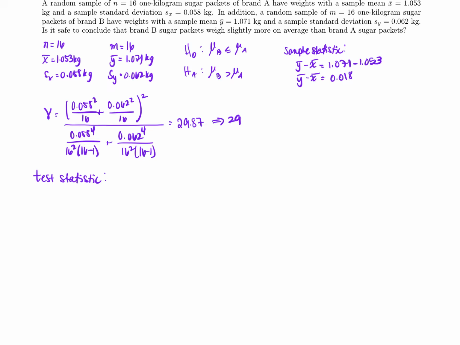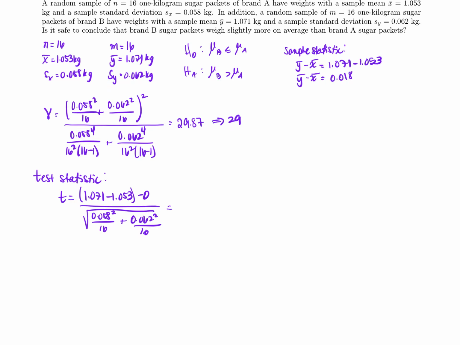In this case, T is this difference, right? 1.071 minus 1.053 minus 0 all over the square root of 0.058 squared over 16 plus 0.062 squared over 16.